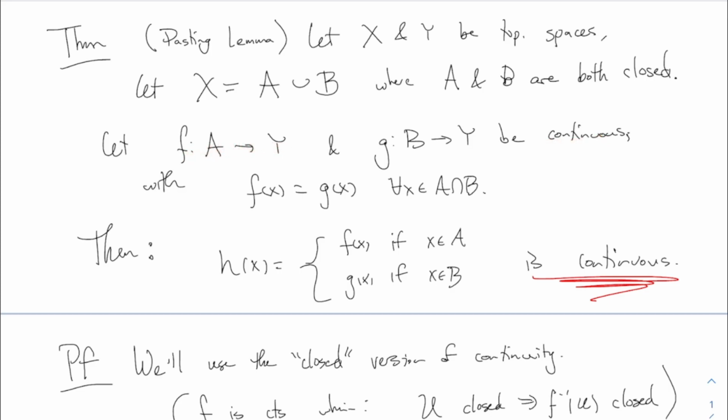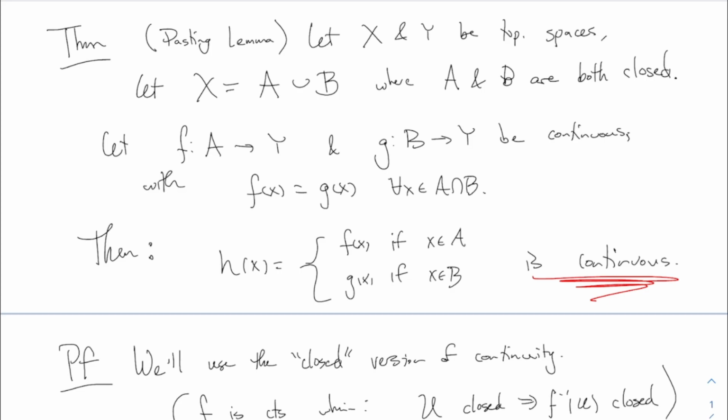That means there's a topology on Y and there is also a topology on A. I didn't say it, but because A is a subset of X, you sort of assume that A uses the subspace topology from X. To be more technical, if you want to indicate that, you would say right at this point: let these be continuous with respect to the subspace topology on A and B. I didn't say that, although that would be understood.